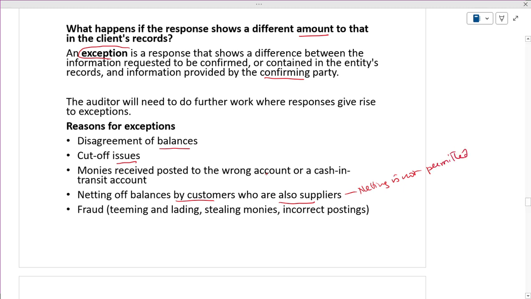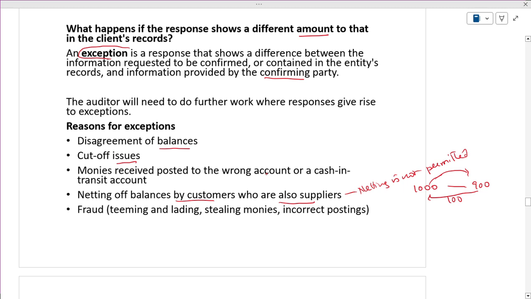Netting is nothing but, I am selling you 1,000 reals and you are selling us 900 reals. When you are selling, you have to receive and he has to pay.